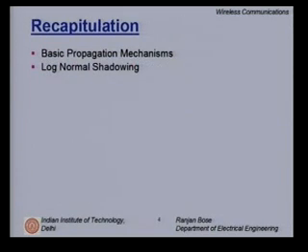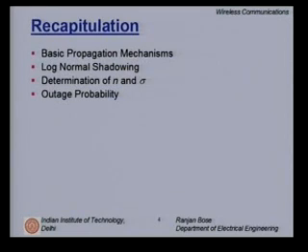We specifically looked at log normal shadowing because that forms the basis of most of the models. In log normal shadowing, we have two parameters, n, the path loss exponent, and sigma, the standard deviation. We learnt how to calculate n and sigma based on measurement data.